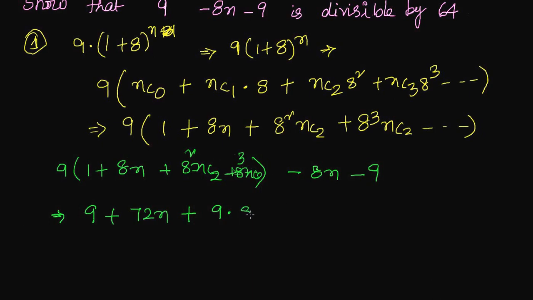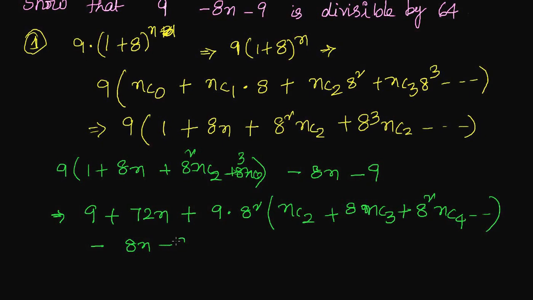So I can take 8 square common there and say nC2 plus 8 nC3 plus 8 square nC4 etcetera, minus 8n minus 9. 9 cancels, and this becomes 64 into n plus 64 into 9 into something.